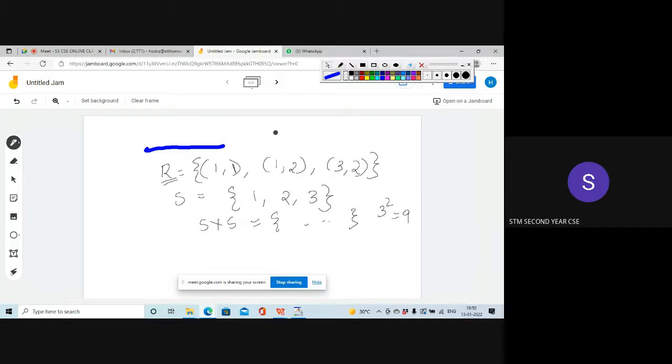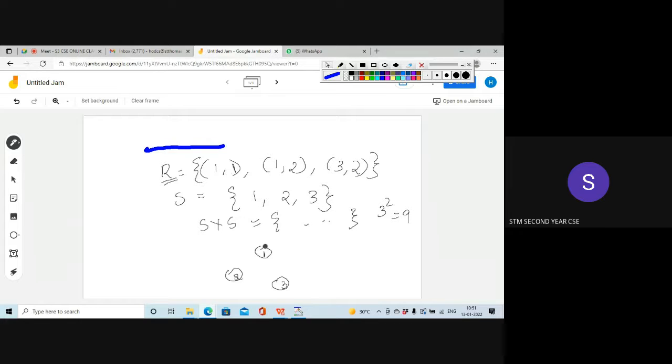What you have to do is draw vertices for the elements in S: the first vertex 1, another vertex for the next element 2, and the third vertex 3. First you represent the elements of S as vertices, and then you look at the relation.